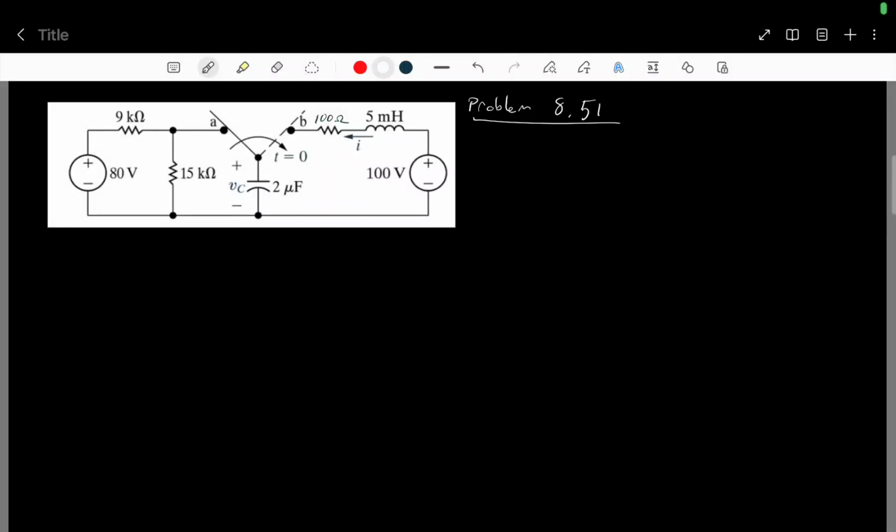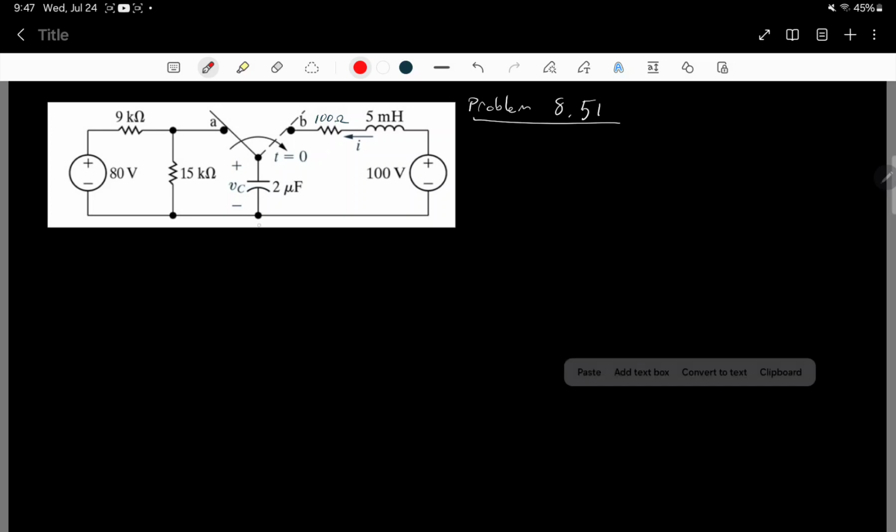Problem 8.51, which is going to be the step response of a series RLC circuit with just a little bit more circuit analysis involved. In this one, you kind of have to look at the circuit before switching over here, and then the circuit after switching to the right.